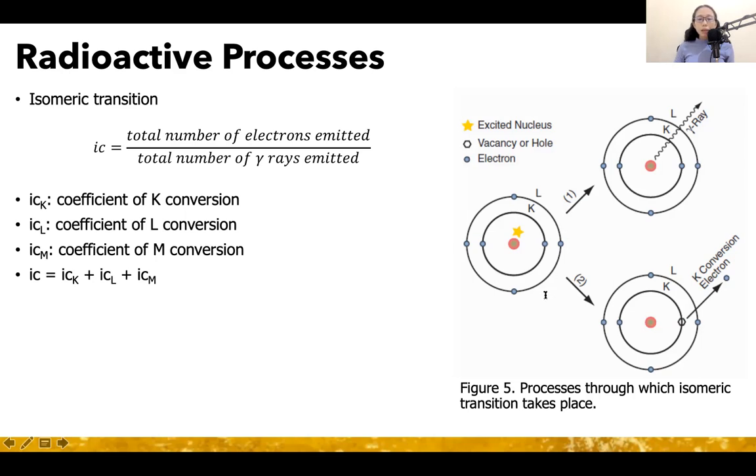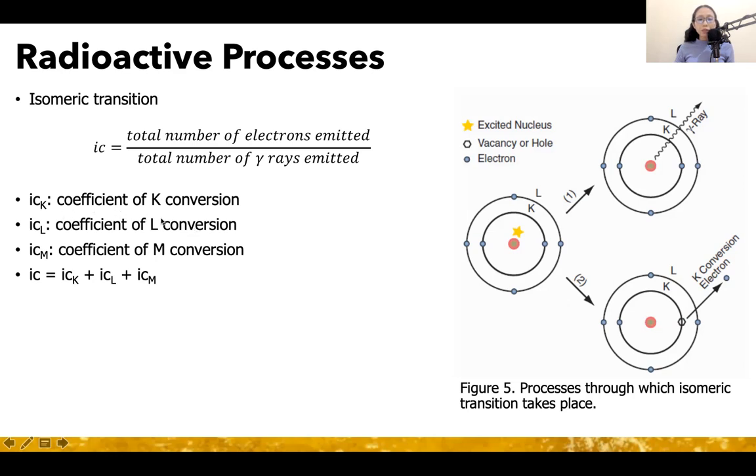So for example, if this value is equal to 1 over 5, it means that out of 6 decays, one of them will be through internal conversion, while 5 of them will be through gamma radiation or emission of gamma rays. Okay?